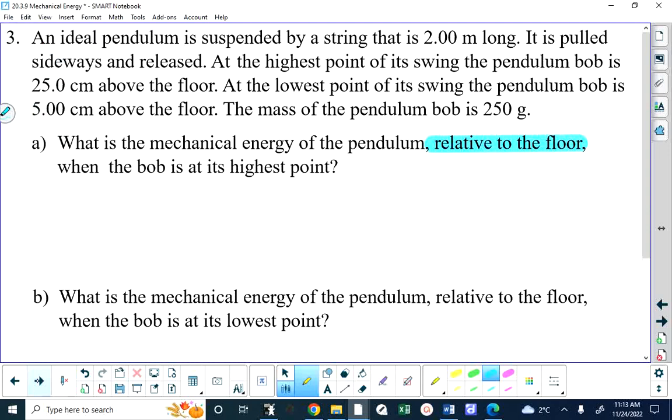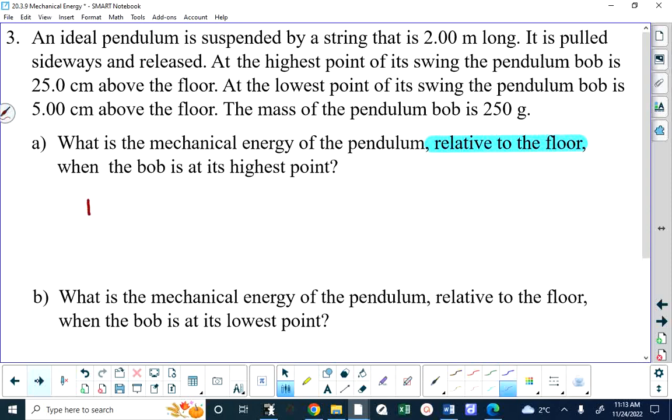And the reason for that is, if I get my pendulum going again, if I use the floor as a reference point, then at the lowest point, there's potential energy because it's above the floor. But if I use the lowest point as the reference point, then at the bottom, there's no potential energy because it's at its lowest point. However, we are asked relative to the floor.